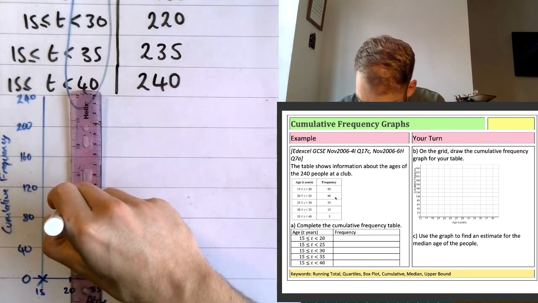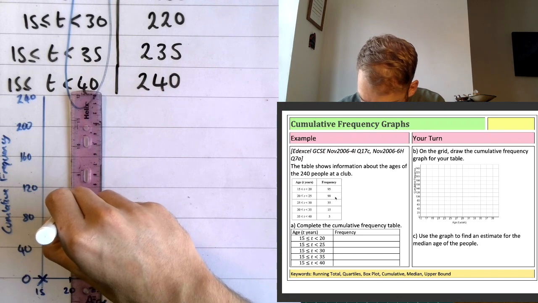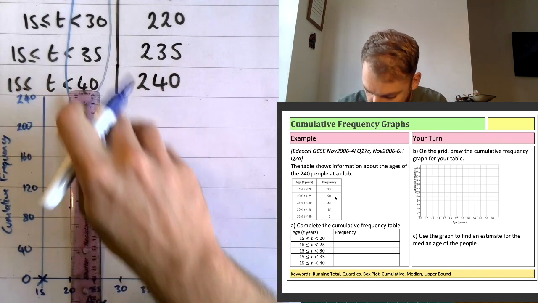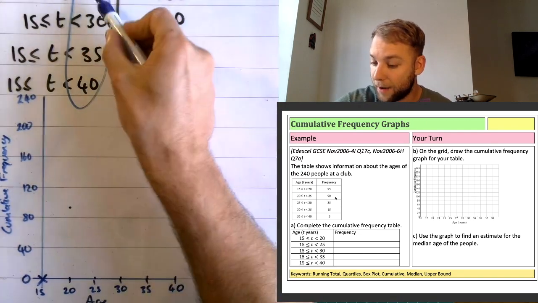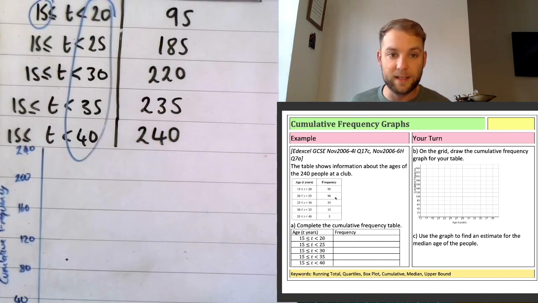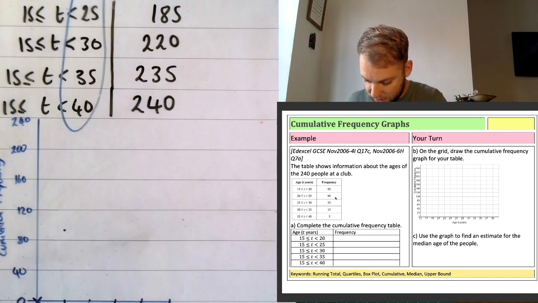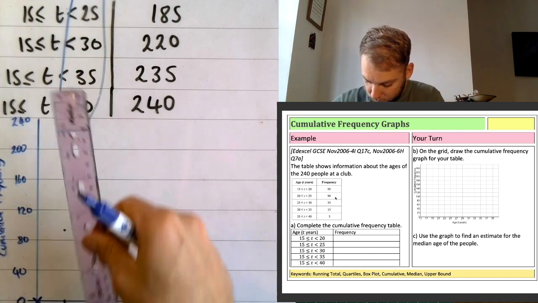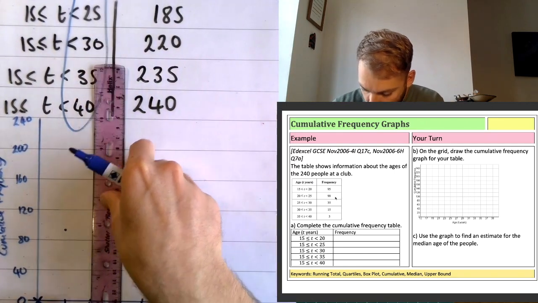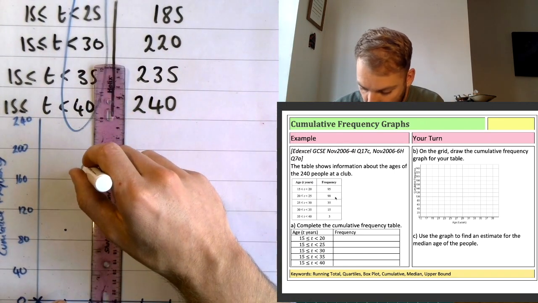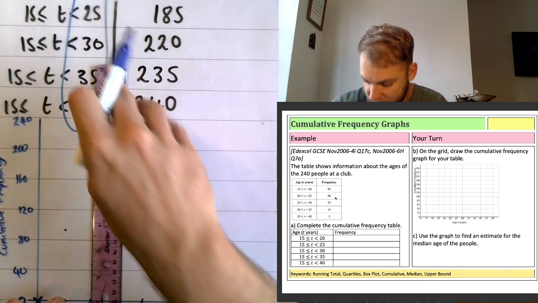So up to 95, which is going to be about there. Super. The next one, upper bound, is 25. And it's going to be 25, 185. So let's go 25, 185. So up to 180, which is there, and a bit higher than that, which is there.